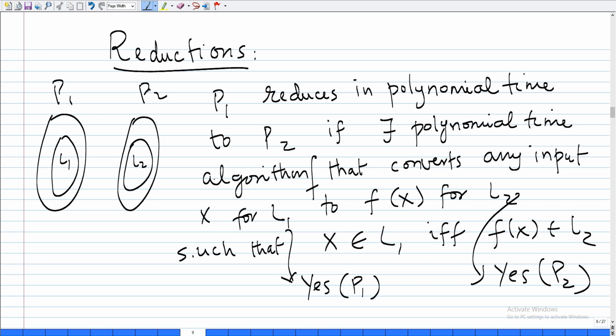So, we can reduce P1 to P2 if for any input there is some polynomial time algorithm which converts any input x here and translates it to f of x here, such that the yes instances go to yes and no instances go to no. Anything here, these are all the yes instances, should go to here, and anything outside goes outside.